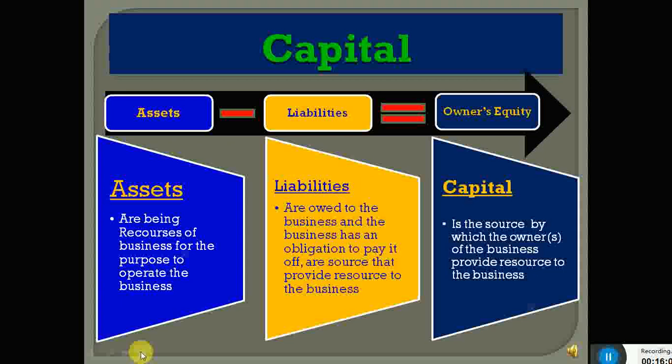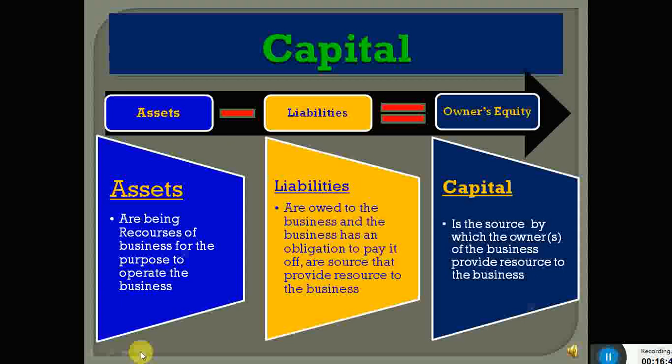And liability is another source that provides assets or resources to the business, like financing from banking institutions, acquisition of fixed assets on credit, purchases of raw materials, finished goods, merchandise. All these are resources provided either from the owner's investment or from liability.